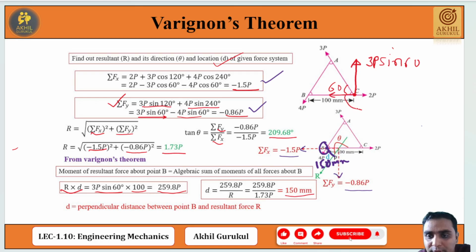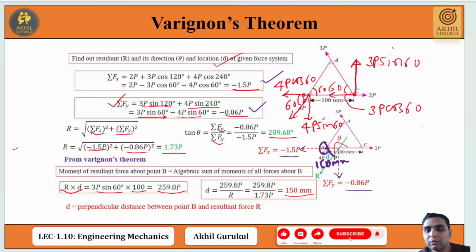This component is 3p cos 60. Again, we can resolve from the tail of this force. This angle is 60, which means this angle is also 60. So the horizontal component is 4p cos 60, and the vertical component is 4p sin 60.